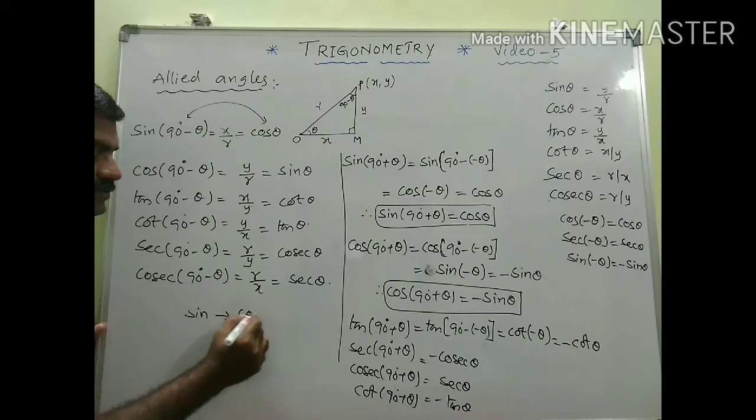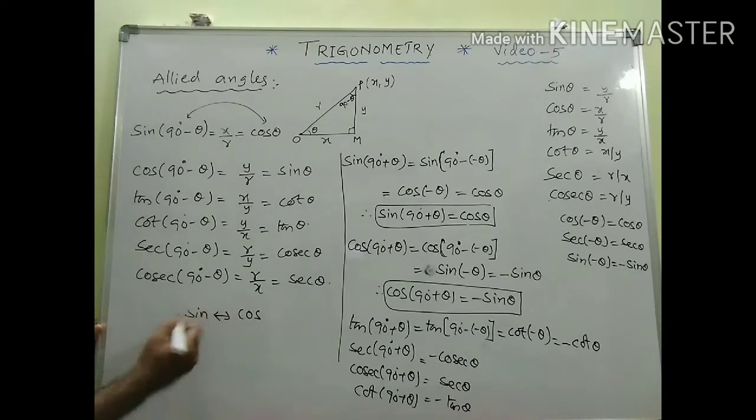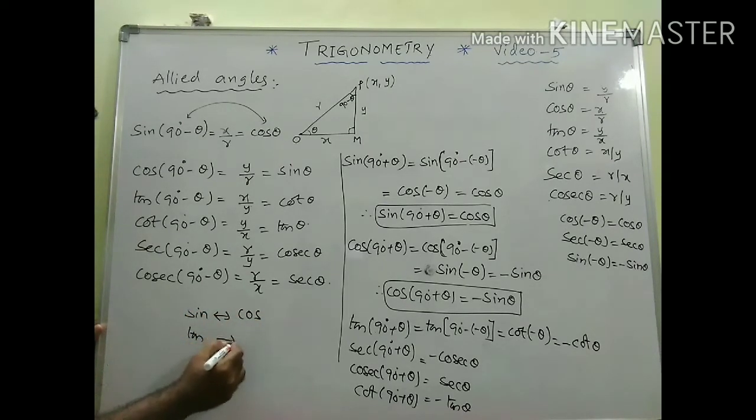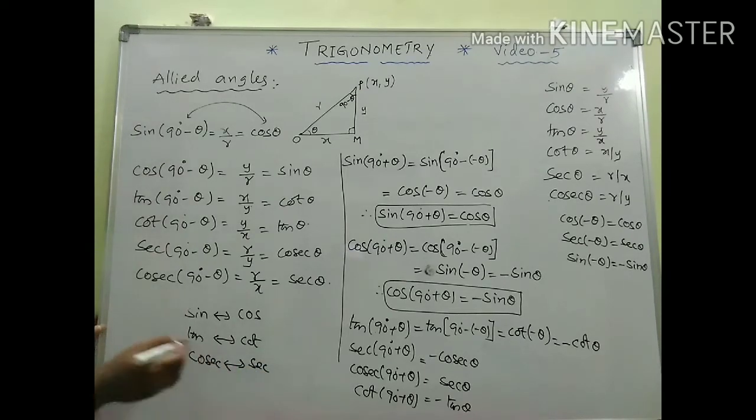When it is 90, sine changes into cos and cos changes into sine, and tan changes into cot and cot changes into tan, and cosecant changes into secant. Even secant also changes into cosecant when it is an odd multiple of pi by 2.